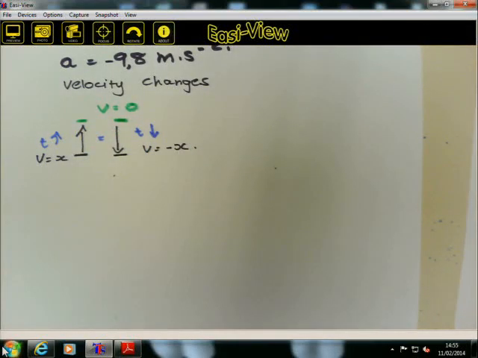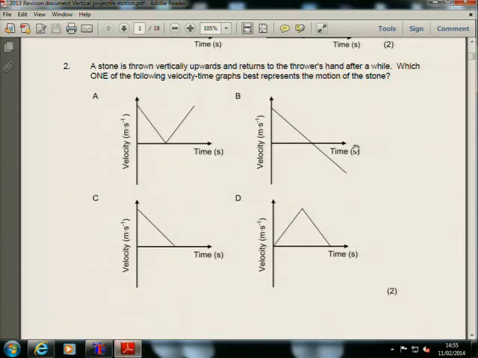Right. So now, let us quickly have a look and see if you can find the answer. Okay? Right. Look what happens in graph A. The velocity decreases until it's 0, and then it increases again.